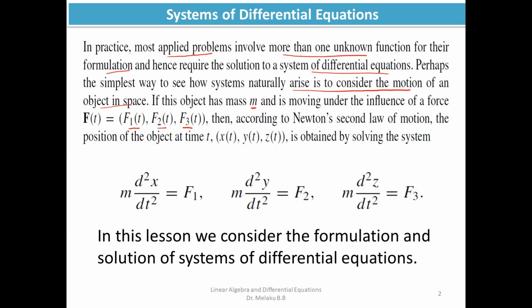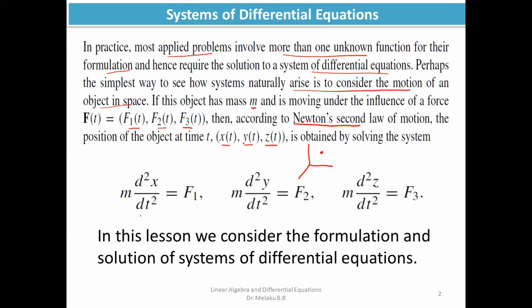Then, just like Newton's second law of motion, the position of the object at a certain time t will be x(t), y(t), and z(t), because we are in 3D. And of course, it is obtained by solving a certain system of differential equations.